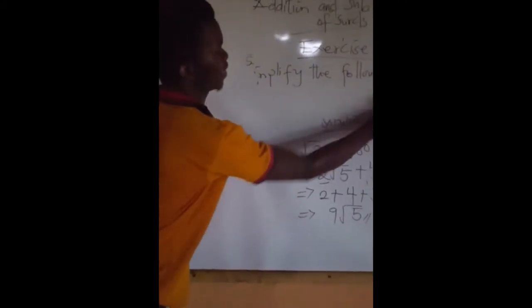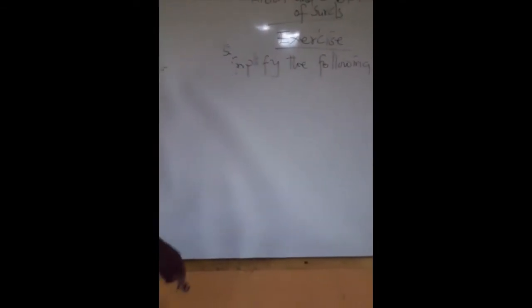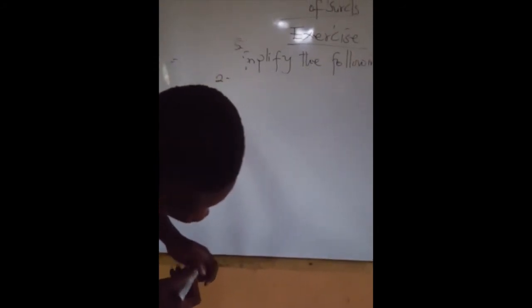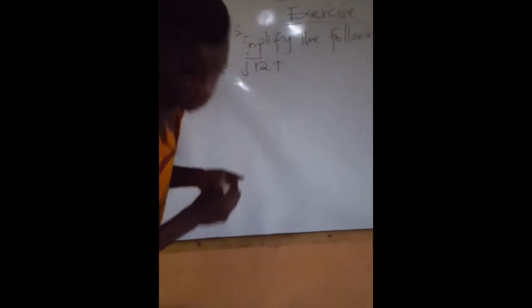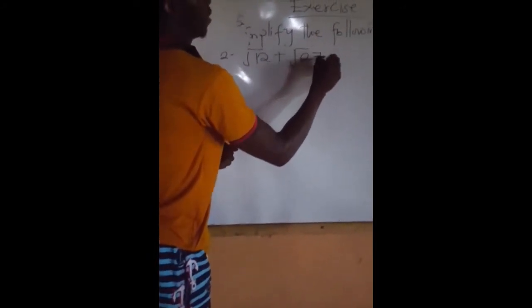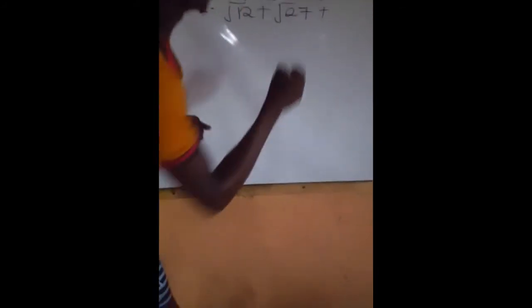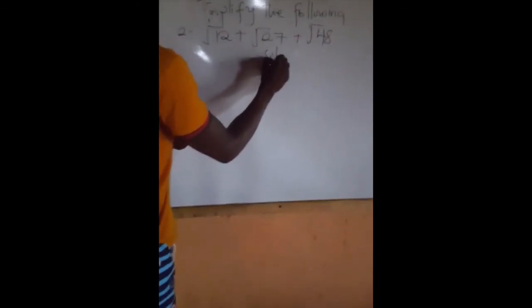Now let's take number 2. So number 2, we are going to have simplify root 12 plus root 27 plus root 48. Okay.